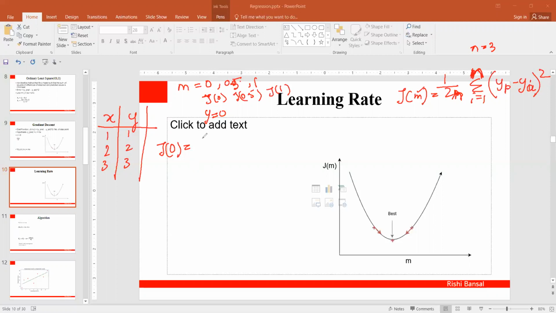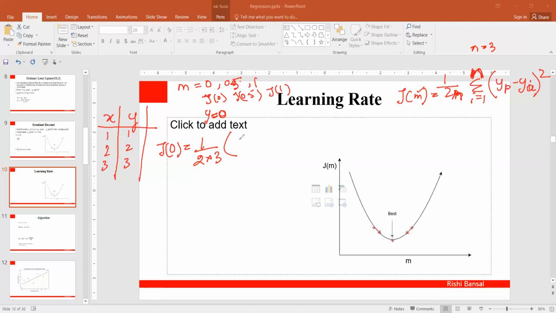Now what we'll do: 2 into 3, n value is 3. Now someone tell me, what is the value of y predicted for y equal to 0? This is your line equation. For the first point x equal to 1, what is your y predicted value? Please be fast, because if the power goes again.